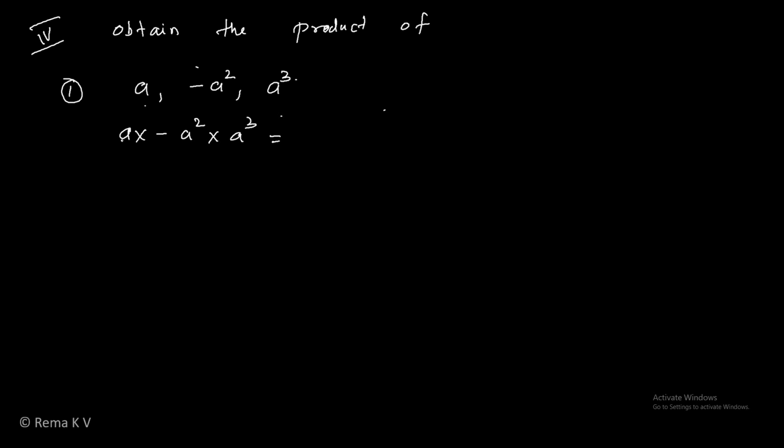Answer is, since it is a as the first term, its numerical coefficient is 1. Here it is minus 1. Here it is 1. So the product of 1 into minus 1 into 1 is minus 1. Total a repeated 6 times. 1 plus 2, 3 plus 3, 6. So it is minus 1 a raised to 6, or you can write this as minus a raised to 6.